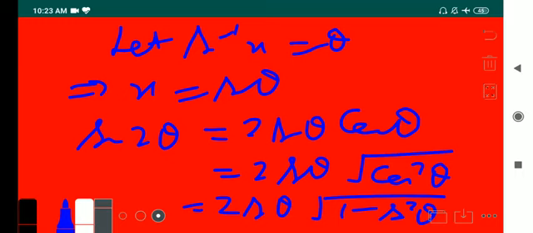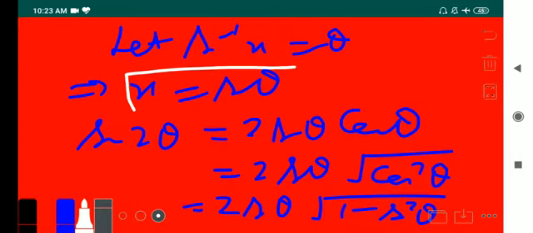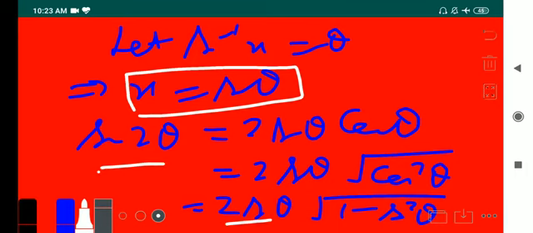And what is the value of sin theta? Sin theta we have already discussed is equal to x. So wherever sin theta is there, we will write x. So we have sin 2 theta equal to 2x under root 1 minus x square.